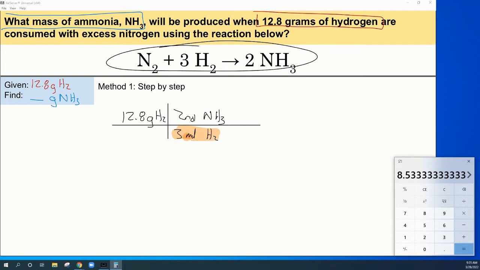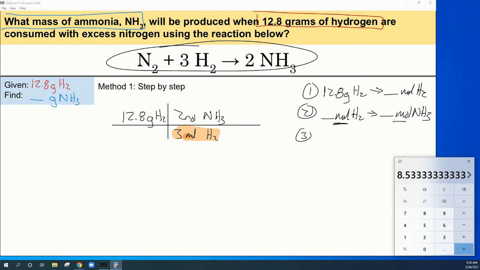Knowing that I need to use this ratio and that this is in moles, I'm going to first change 12.8 grams of H2 into moles of H2. And then I'm going to take those moles of H2, and now because they're in moles, I can change it to a different substance, to moles of NH3, but that's not going to be my final answer because that's in moles, but I can go to the periodic table and change moles of NH3 to grams of NH3.